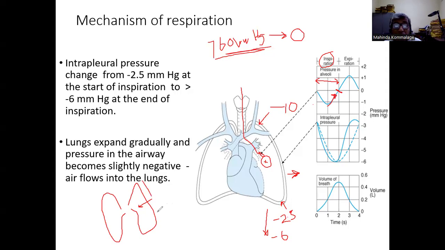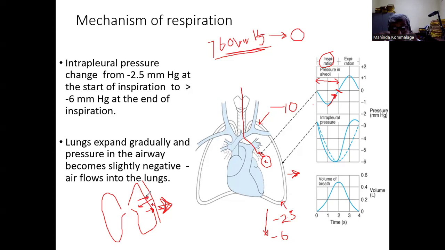So when you apply pressure to the chest wall in this direction, this one also moves with it, because the two layers cannot separate. That's very important. The two layers, visceral and parietal pleura, cannot separate. Therefore, when the parietal pleura moves with the chest wall, the visceral pleura also moves and the lungs expand. Lungs will expand and get the volume expansion.